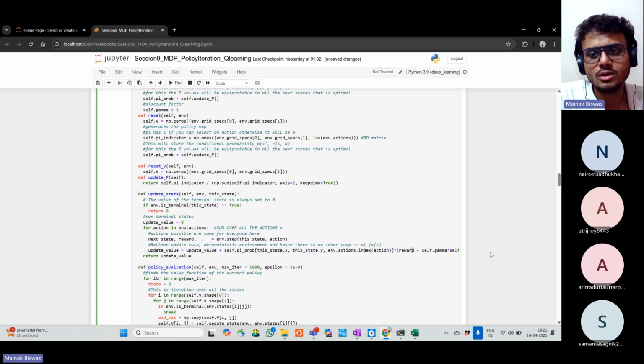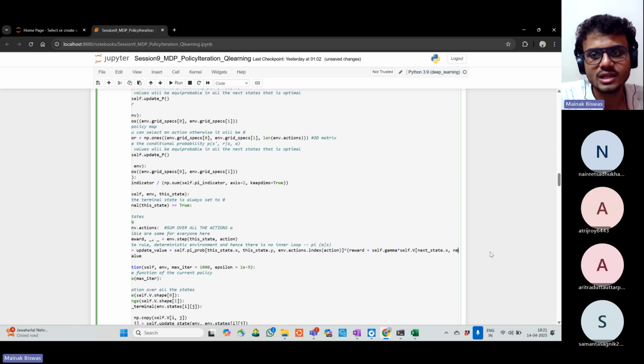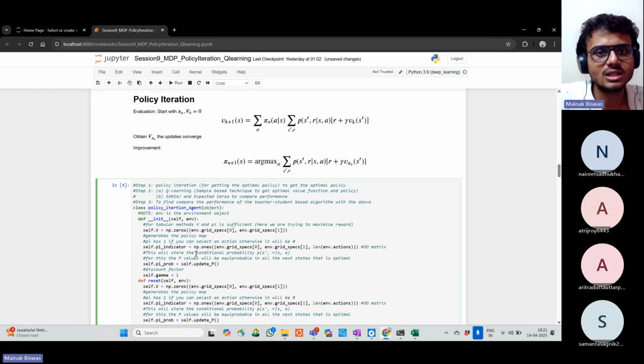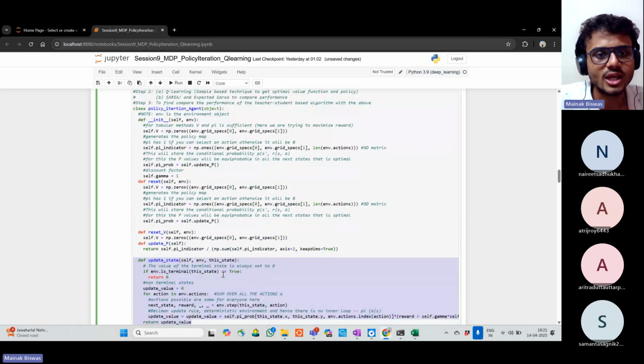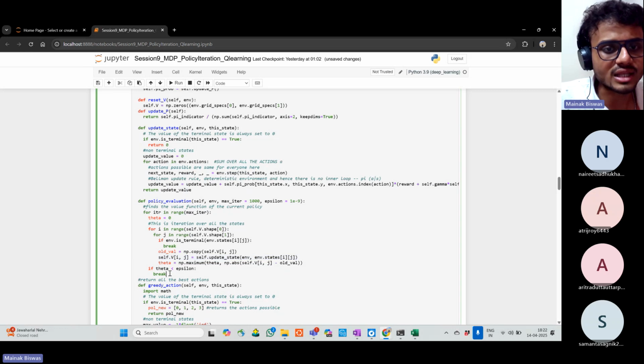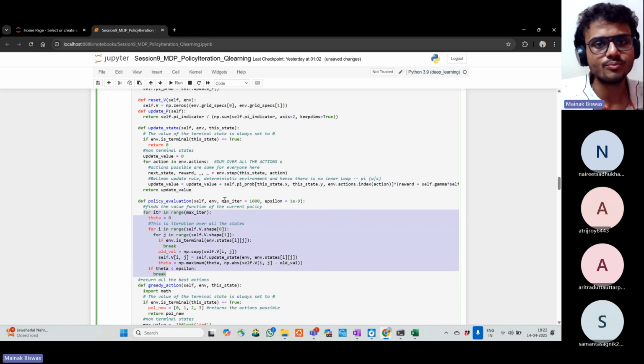Okay, so now you take the reward and you see the value function at the next state. So that's your update value and you return the update value. Okay, so that's the value of vk plus 1. Just check that. I will just keep on updating this value. So keep doing update state, and you see if it has converged, you break out of it, else you continue until maximum iterations.